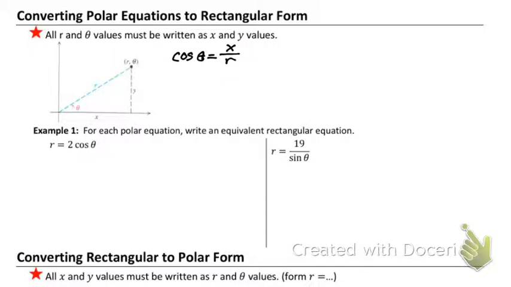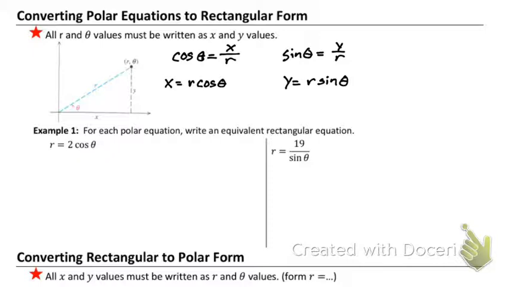Another way to think about that is you can go x equals r times cosine of theta. We can do the same thing with sine. Sine of theta equals y over r, which we can rewrite as y equals r times sine of theta.